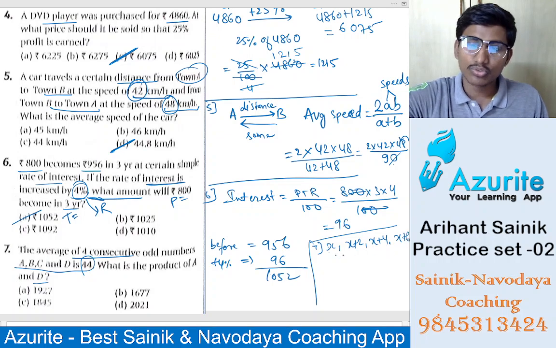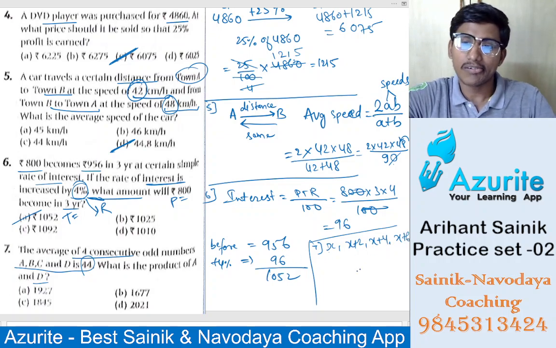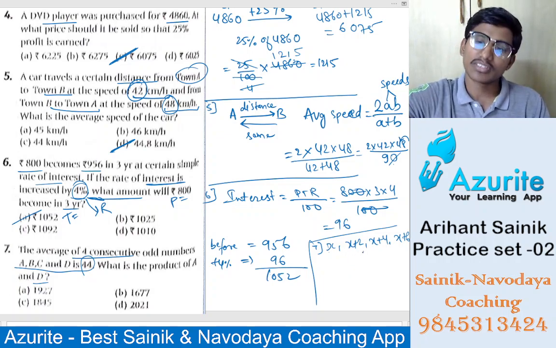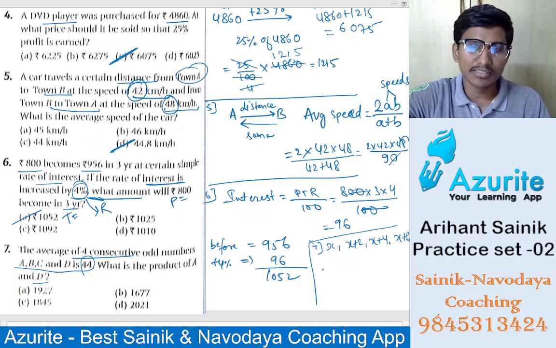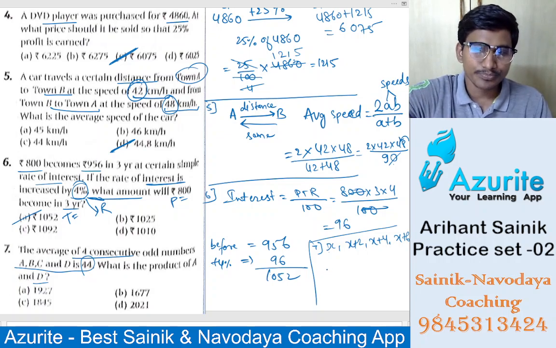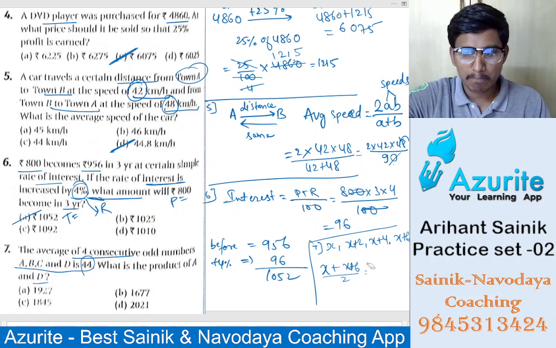So we know consecutive numbers, if it is a pattern, we take first number plus last number by 2, so the average will be x plus x plus 6 by 2, which is 44, or you can take the sum, whichever is easy.